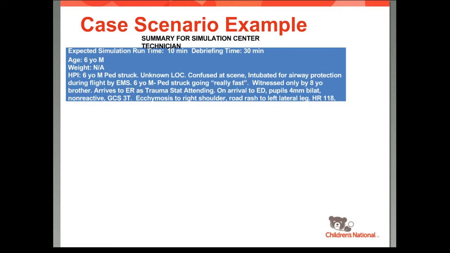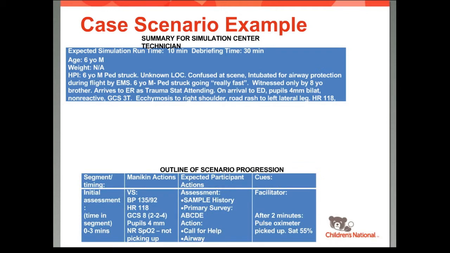So, for example, here, this is a 6-year-old pet struck, confused at the scene. But keeping in mind is that it first talks about the beginning part. You can see here just talks about the presentation, but in that summary you're going to talk about the conclusion as well, so that the simulation center tech knows what the expected outcome will be.